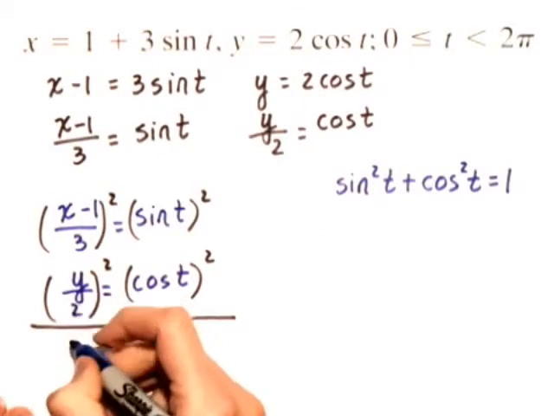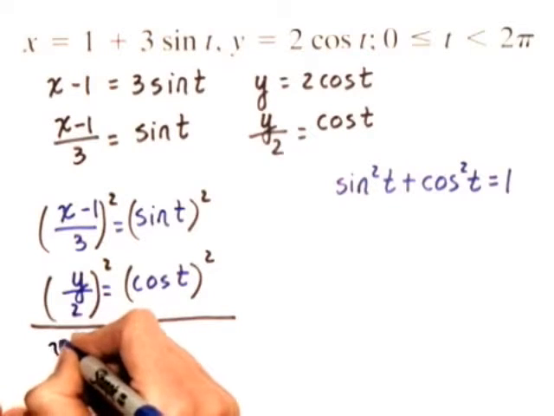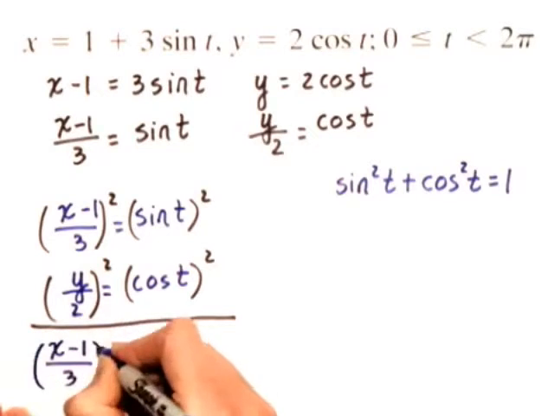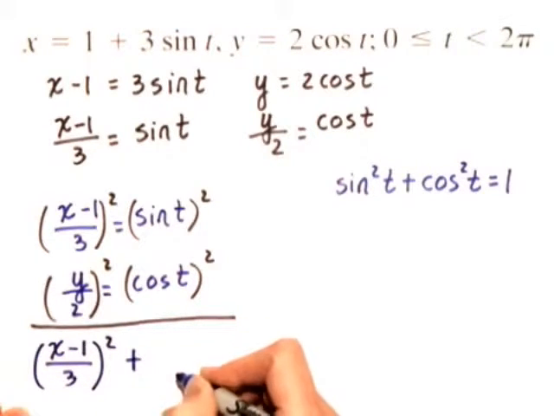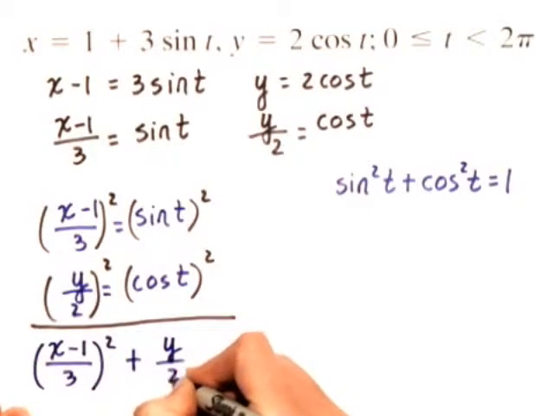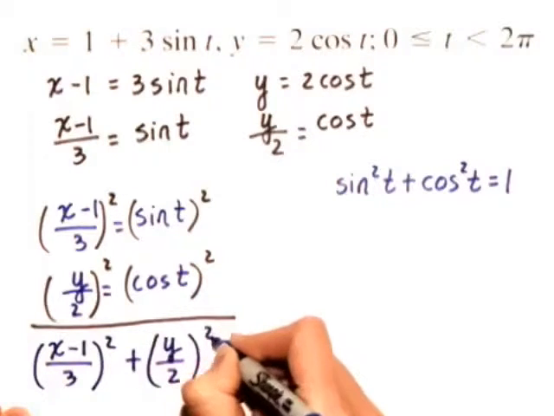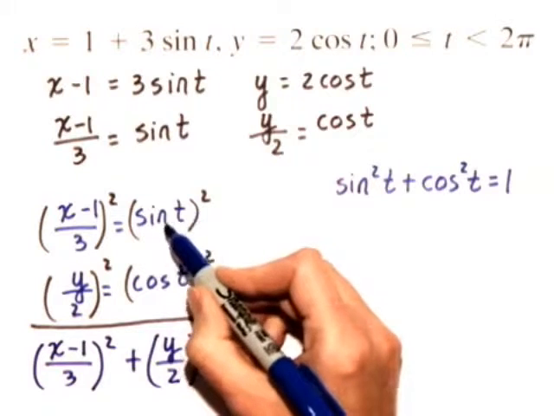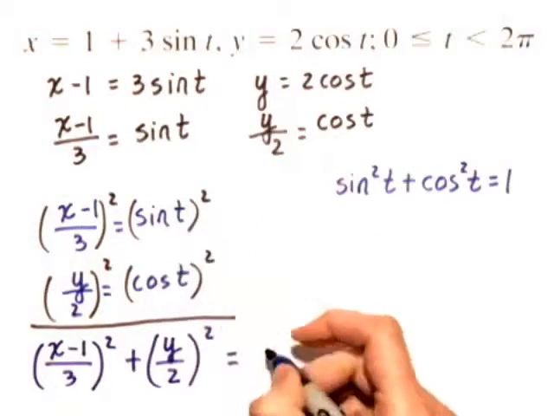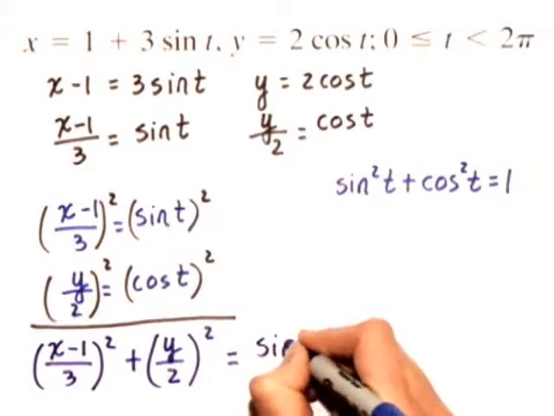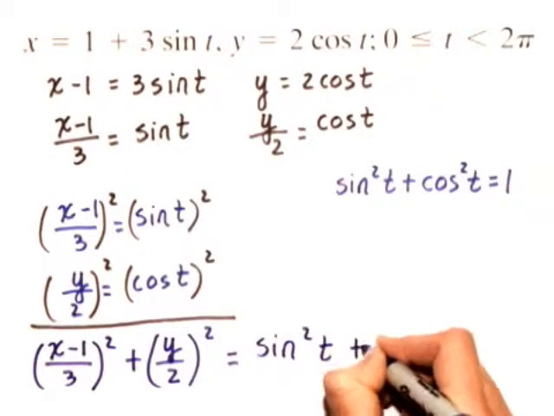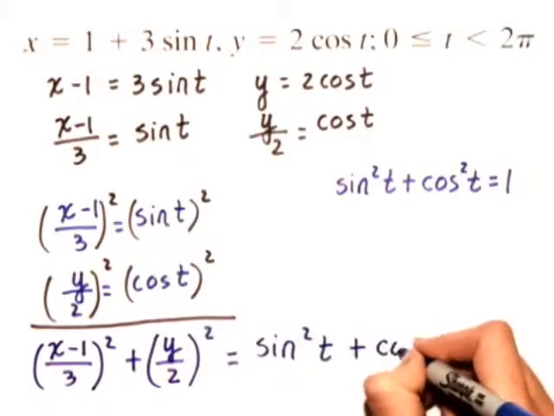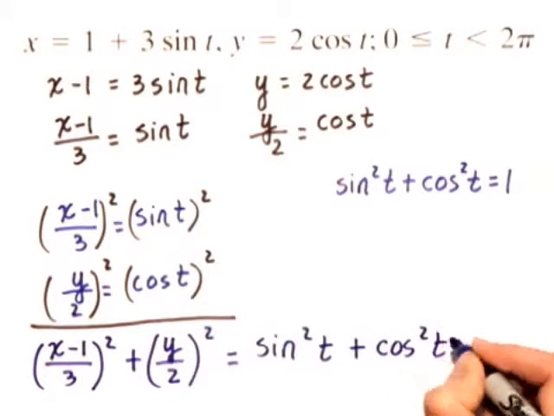Then I'm going to add. When I add, on the left-hand side, I'll get ((x minus 1) over 3) quantity squared plus (y over 2) quantity squared is equal to, on the right-hand side, sine of t quantity squared is just sine squared t plus, for cosine t quantity squared, that's just cosine squared t.